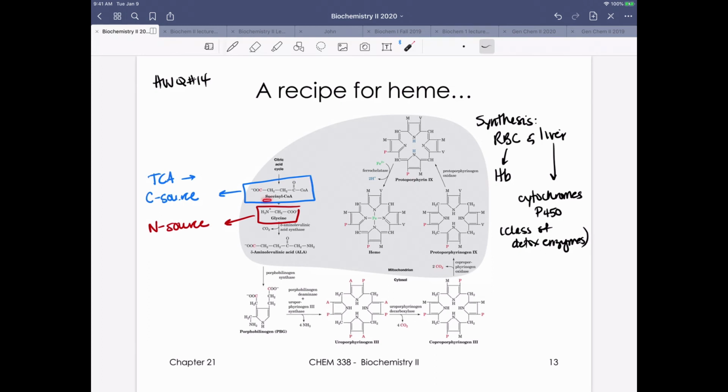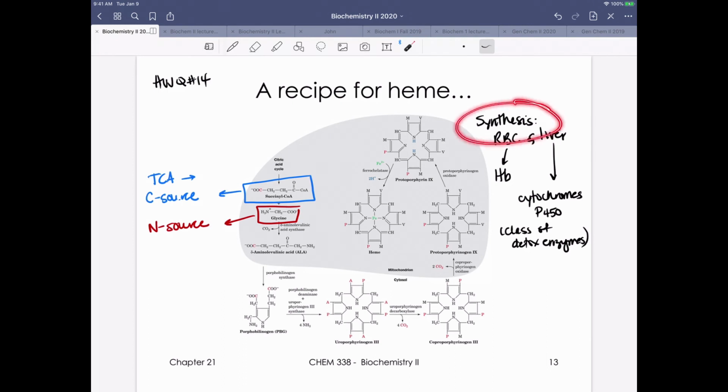We make heme using carbon atoms from succinyl-CoA and nitrogen atoms from glycine. All of this is enzymatically zipped together to make heme, using carbon atoms from a citric acid cycle intermediate and nitrogen atoms from the simplest amino acid, glycine.